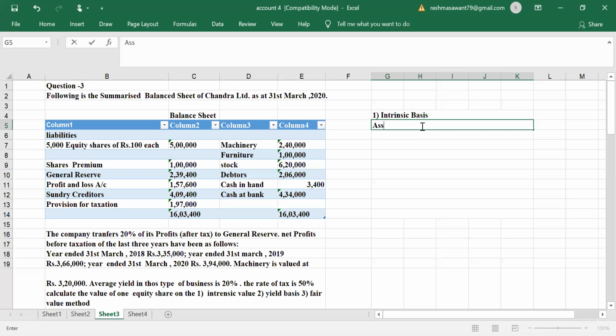Write down all assets at book value. Though the book value is not mentioned, only machinery is valued at rupees 3,20,000. So you can use machinery value 3,20,000.